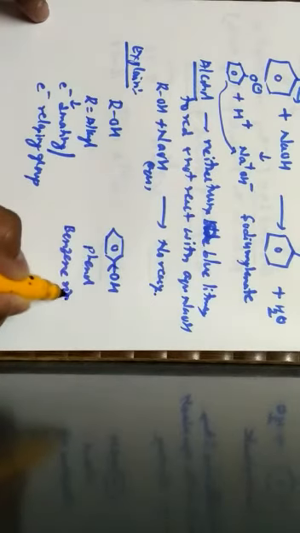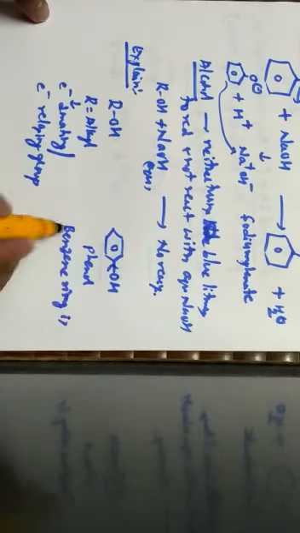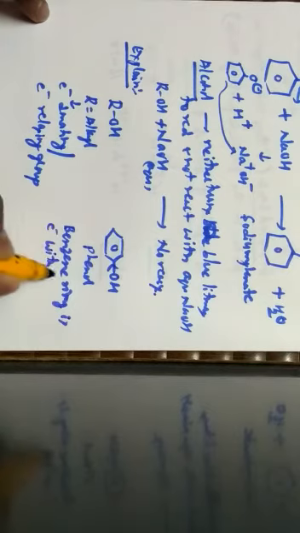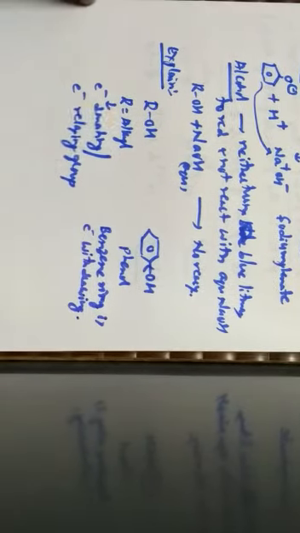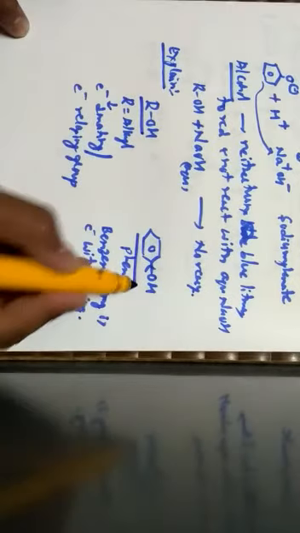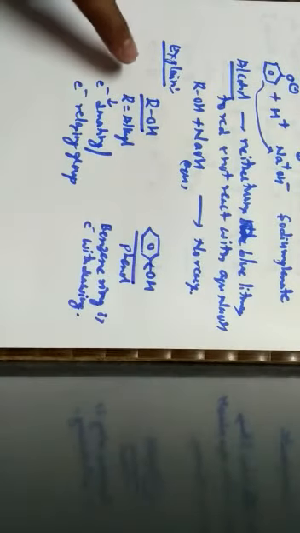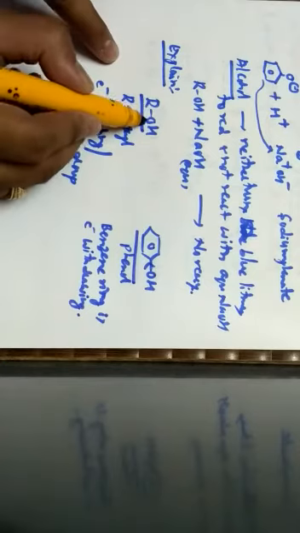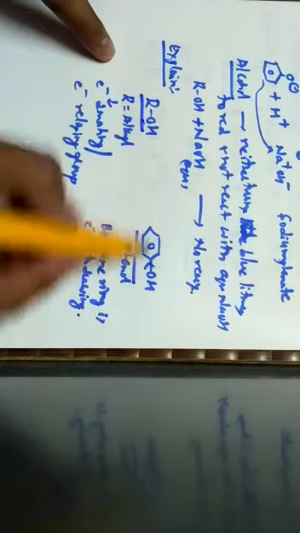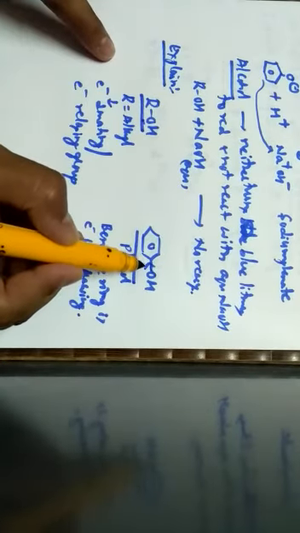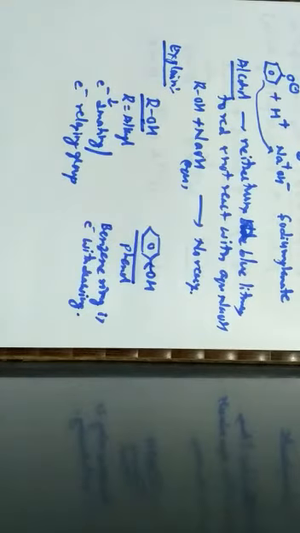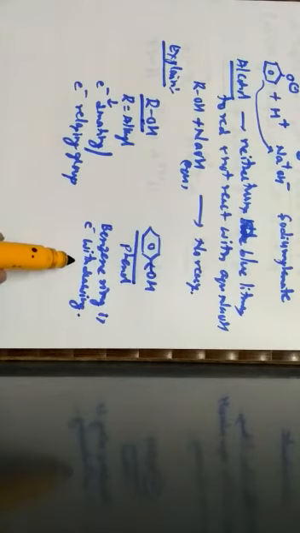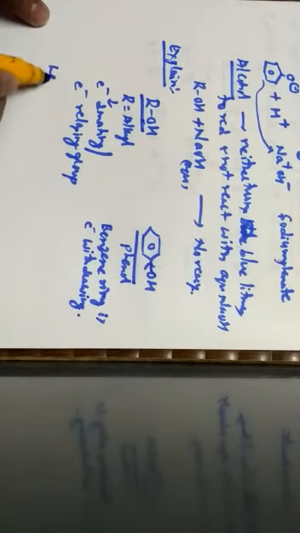This benzene ring is electron withdrawing in its nature. So when I compare both alcohol as well as phenol, in alcohol, the alkyl group donates extra electrons towards oxygen, whereas in phenol, the benzene ring withdraws the electron density towards itself.